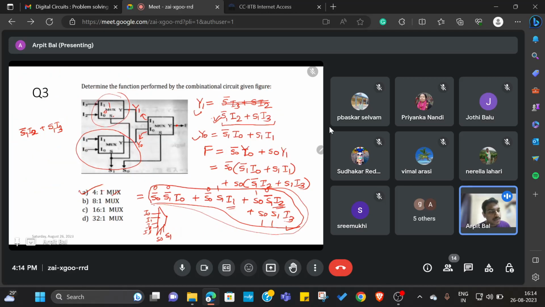Okay, so the next question that we tried to solve is also related to multiplexers. Though the answer was visible to us, that it was a 4 cross 1 mux, we chose the road not taken, and we tried to solve it in a way that will help us solve any circuit that is thrown at us.